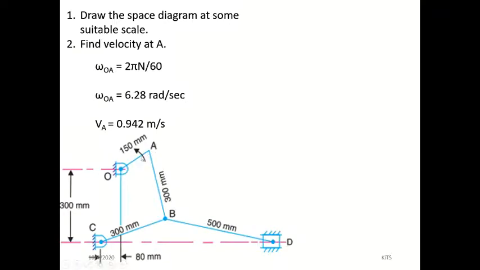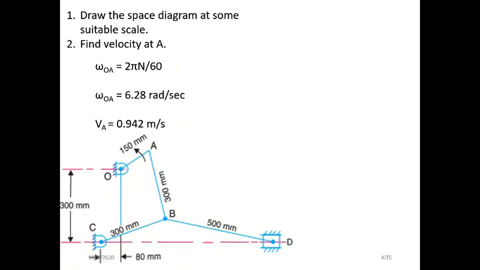They have given the crank speed, that is the speed of OA. Using that, angular velocity equals 2 pi N by 60, 2 into pi into 60 divided by 60. So angular velocity is 6.28. Velocity equals angular velocity into distance OA.